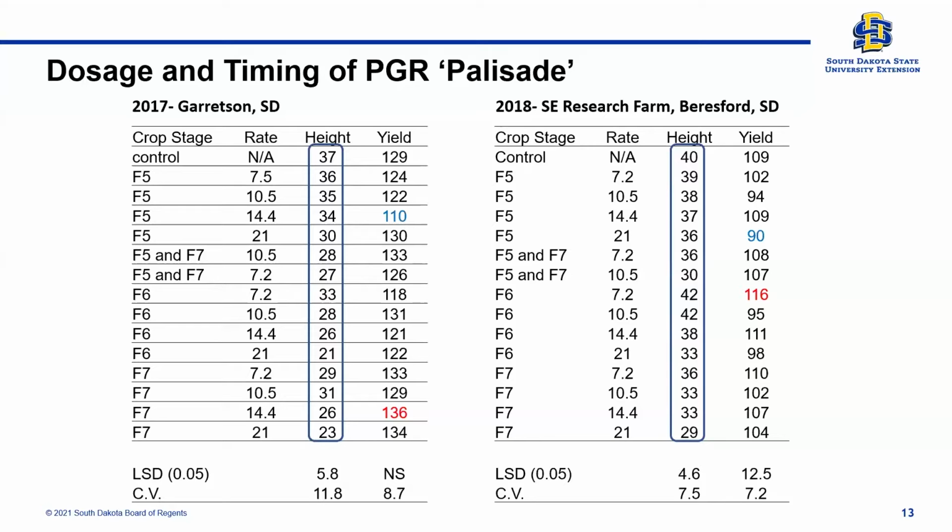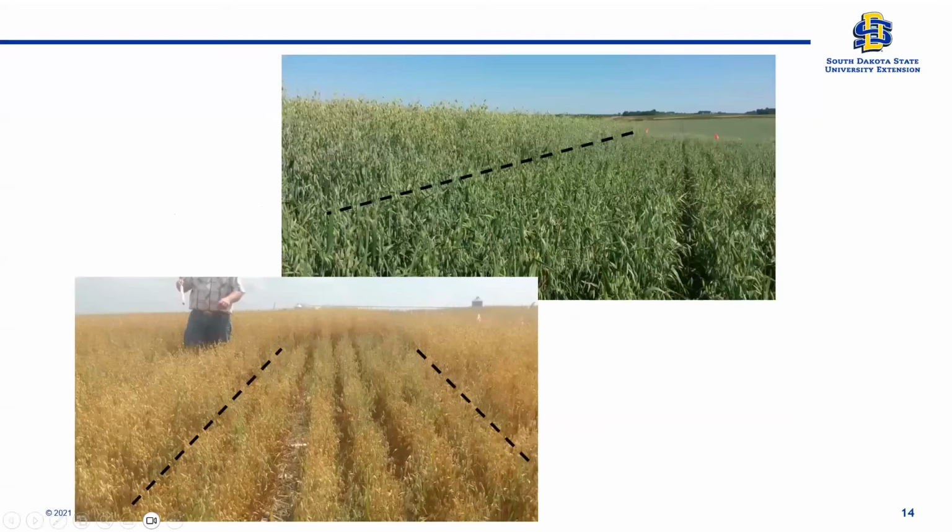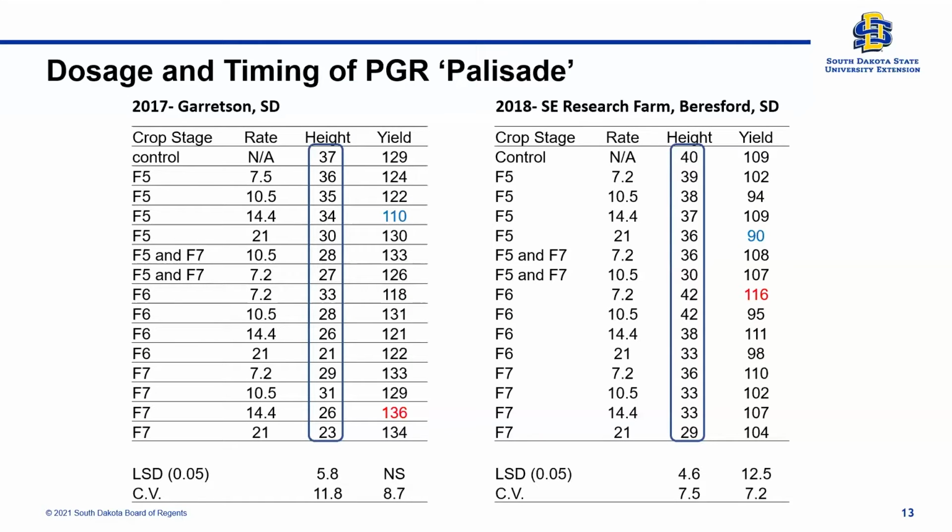On the yield column, reds are the highest yielders, and the blue one is the lowest yielder. So 14.5 ounces applied at Feekes 7 yielded about 136 bushels in Garretson 2017.